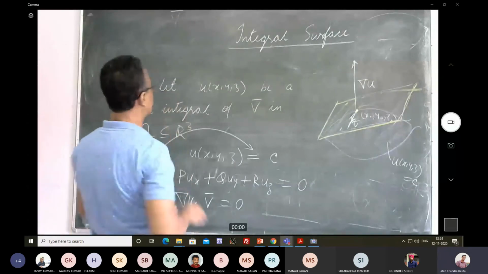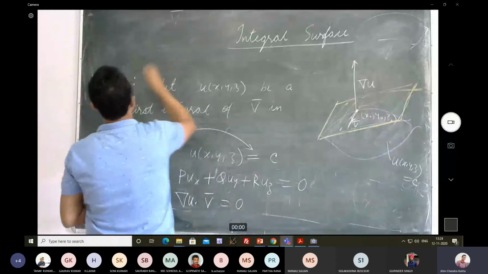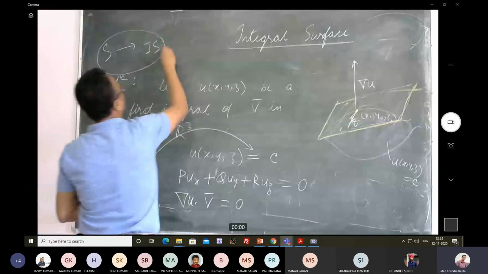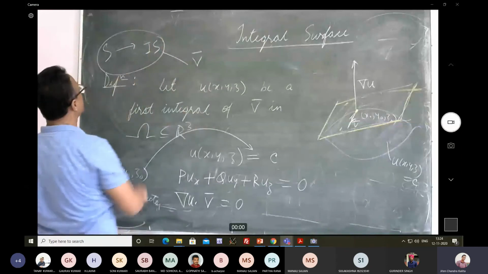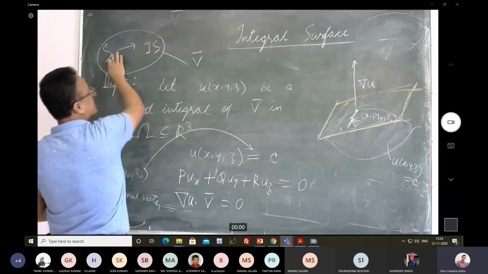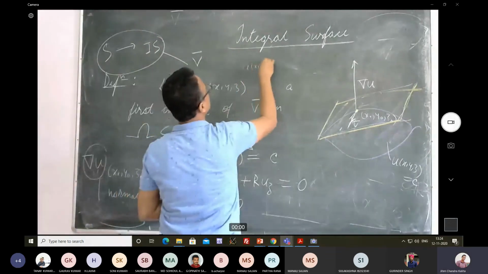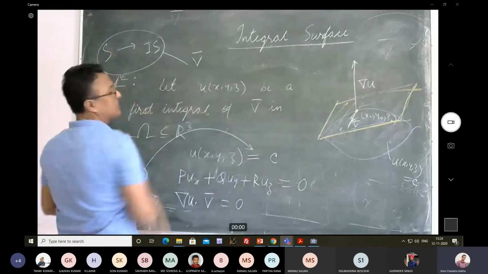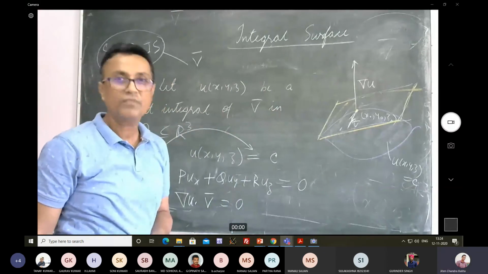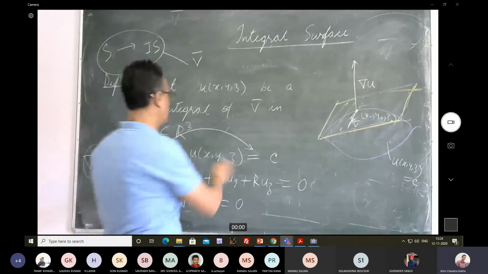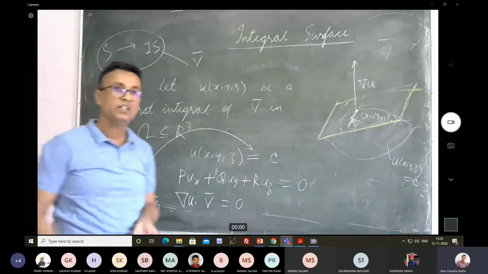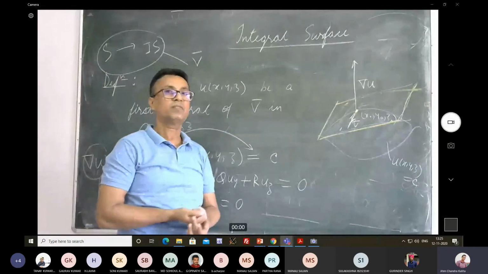So basically, S is an integral surface of the vector field V if S is nothing but a level surface of the first integral of V. And from there all these concepts come, isn't it? Is it okay? Fine.